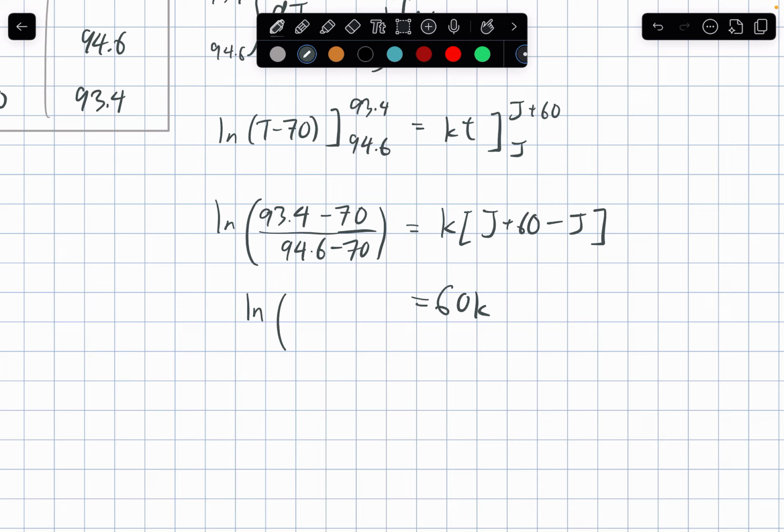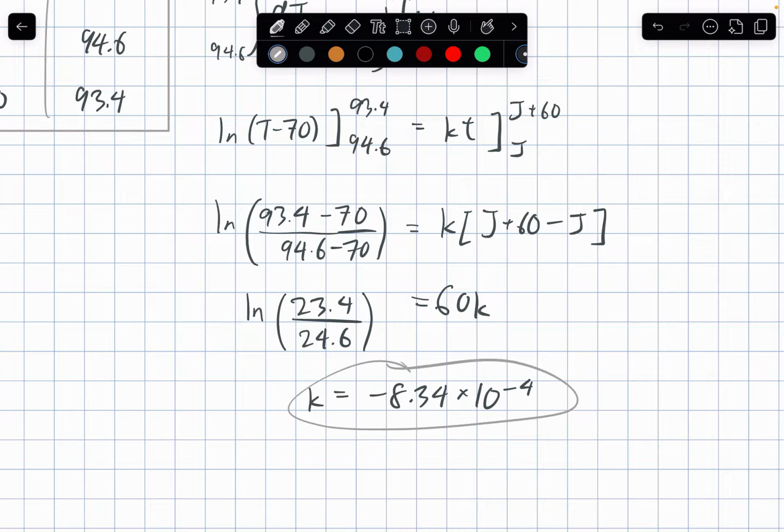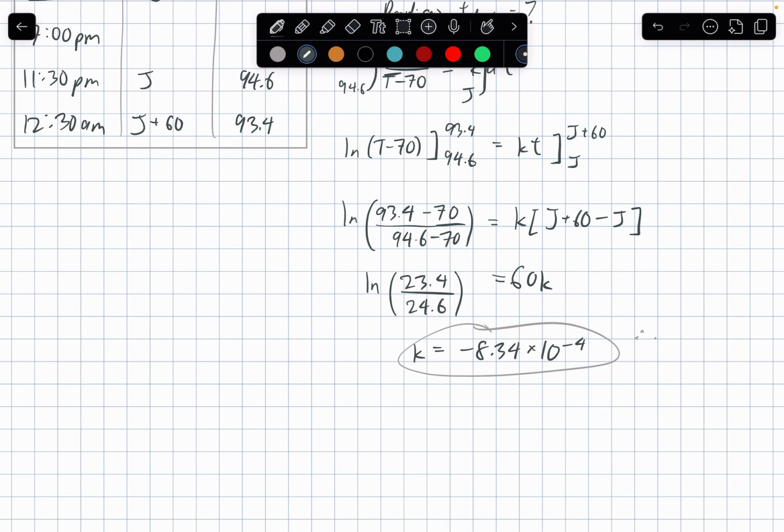If we simplify the left side, we have 23.4 and 24.6. Calculate. Negative 8.34 times 10 raised to negative 4. Oh my gosh. What is this number?